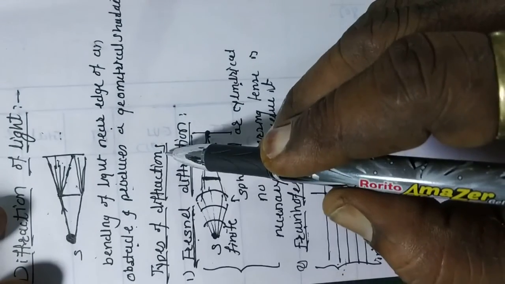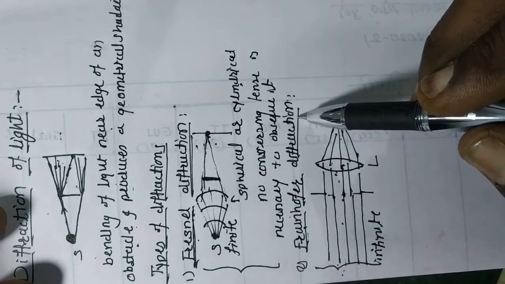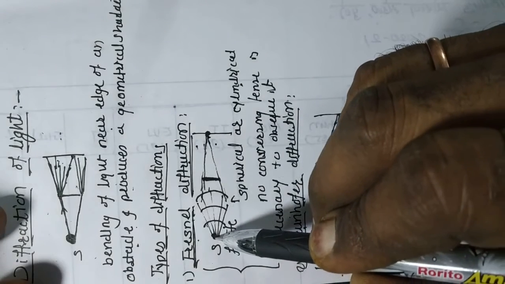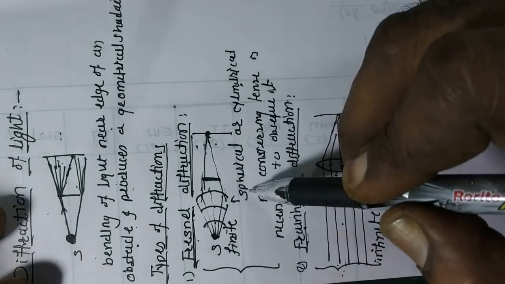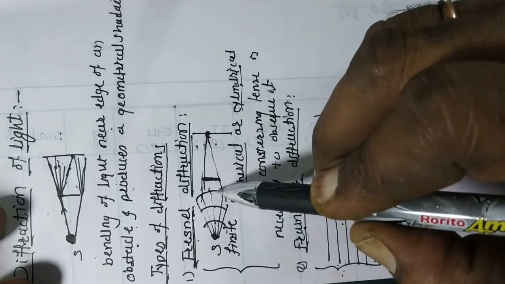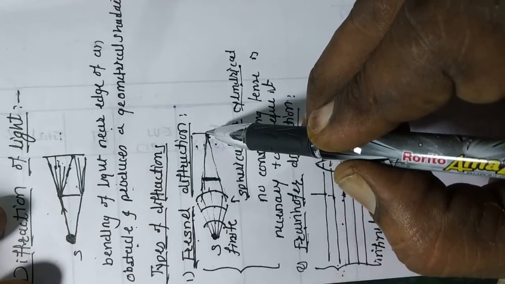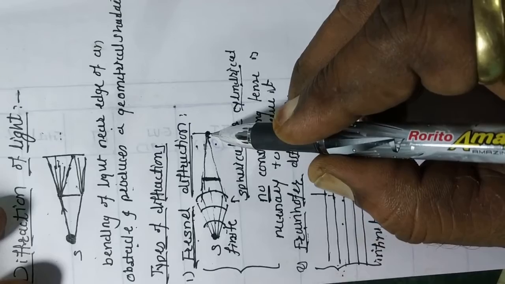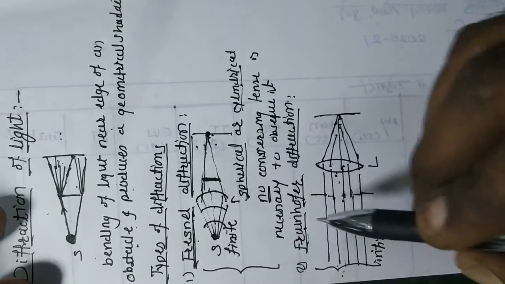There are two types of diffraction, Fresnel diffraction and Fraunhofer diffraction. Fresnel diffraction: if the source of light is at finite distance, then the incident wavefront is either spherical or cylindrical, and hence after diffraction light converges at a point on the screen and no converging lens is necessary to observe it.